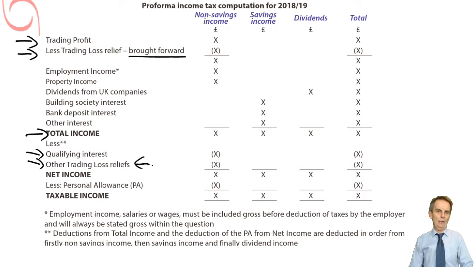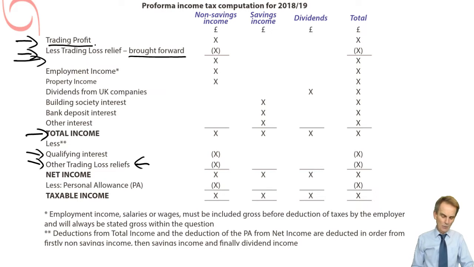But before we get to Chapter 7, just before you join us on that lecture, I want you to go back and look at this pro forma. And just remind yourself of what I've just said, that for an individual, if they have a trading loss brought forward, that's where it goes directly deducted from the trading profit. It's not deducted from any other income of this tax year.